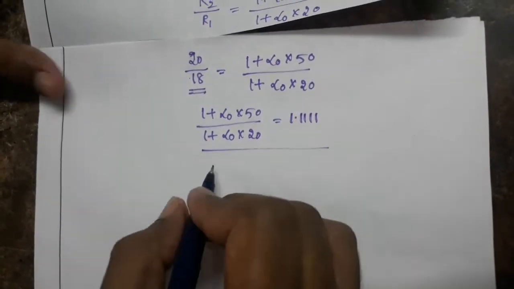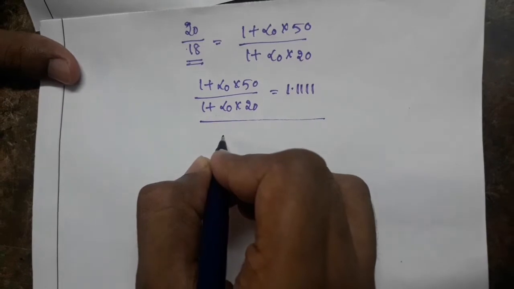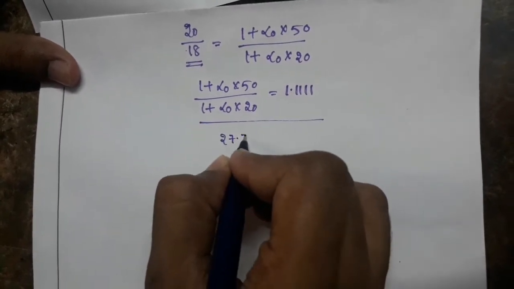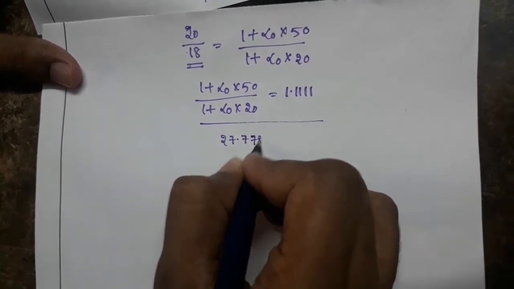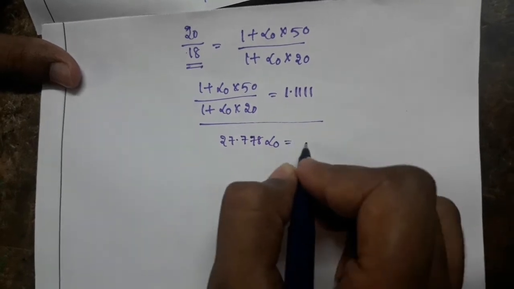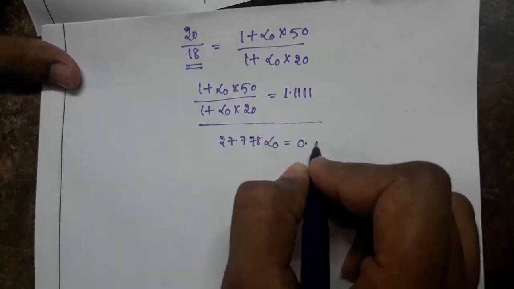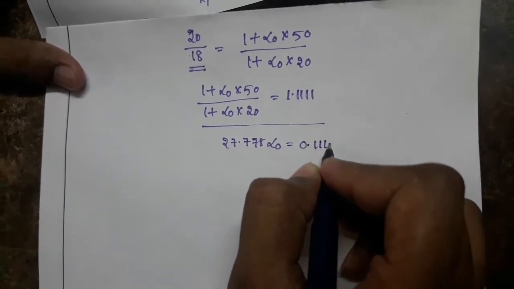By solving the above equation, we will get 27.778 alpha naught equal to 0.1111.